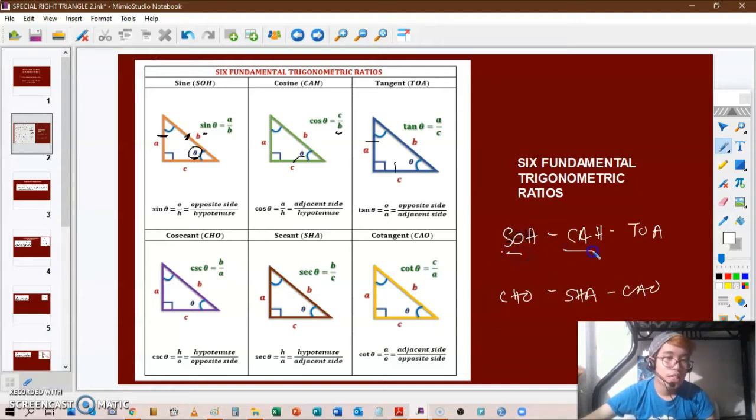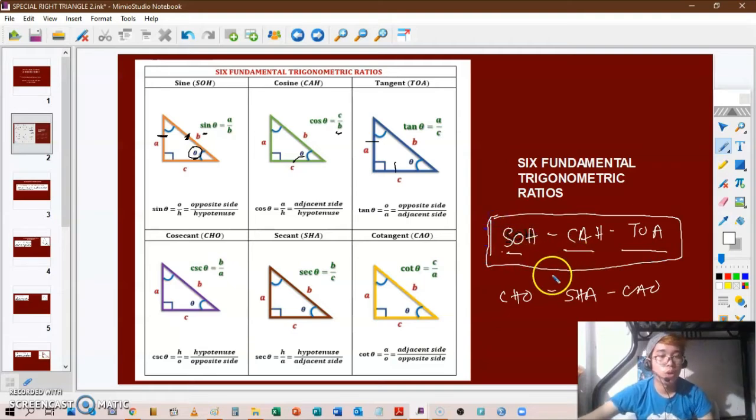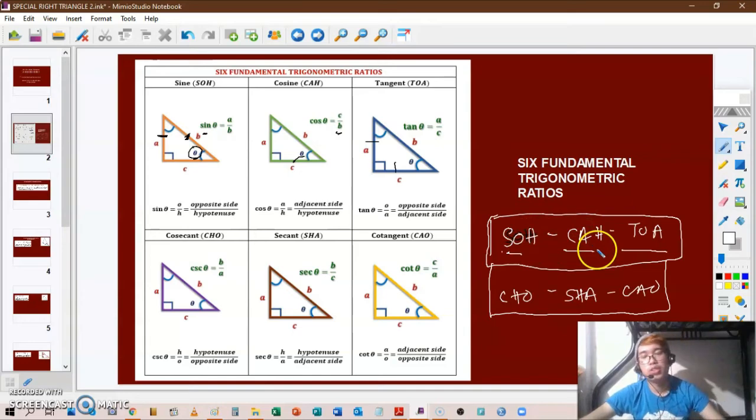Again guys, the first three are the only ones that we will most likely use for all of our word problems, the SOHCAHTOA. But if ever it arises, you can also use the inverse trigonometric ratios to check your answer for the main three trigonometric ratios.